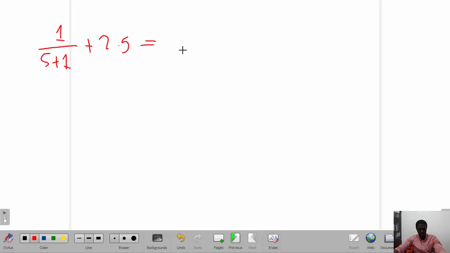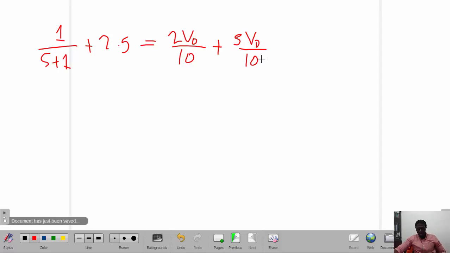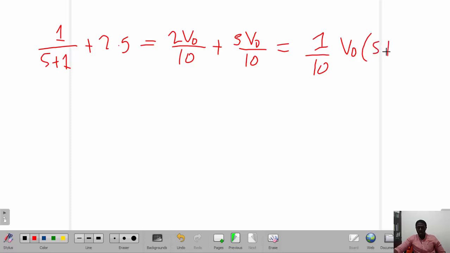This should be equal to 2 V naught over 10 plus S V naught over 10. And if we simplify this further, we get 1 over 10 V naught, which is s plus 2.